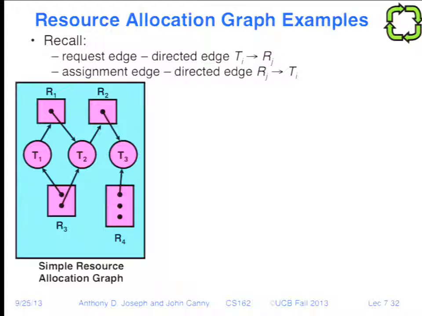Well, which of these threads is waiting on something? T2 is potentially waiting on T1, because T1 is currently listed as the owner of that resource.